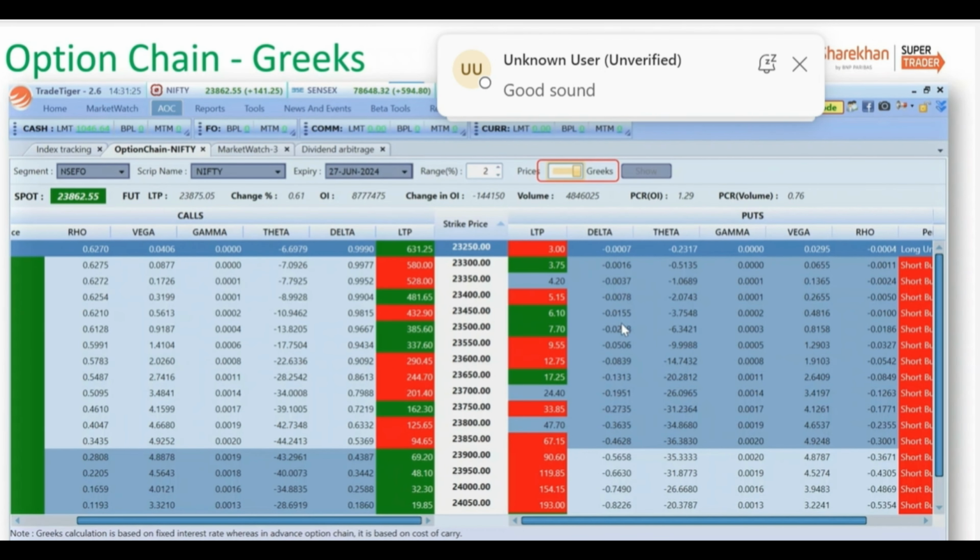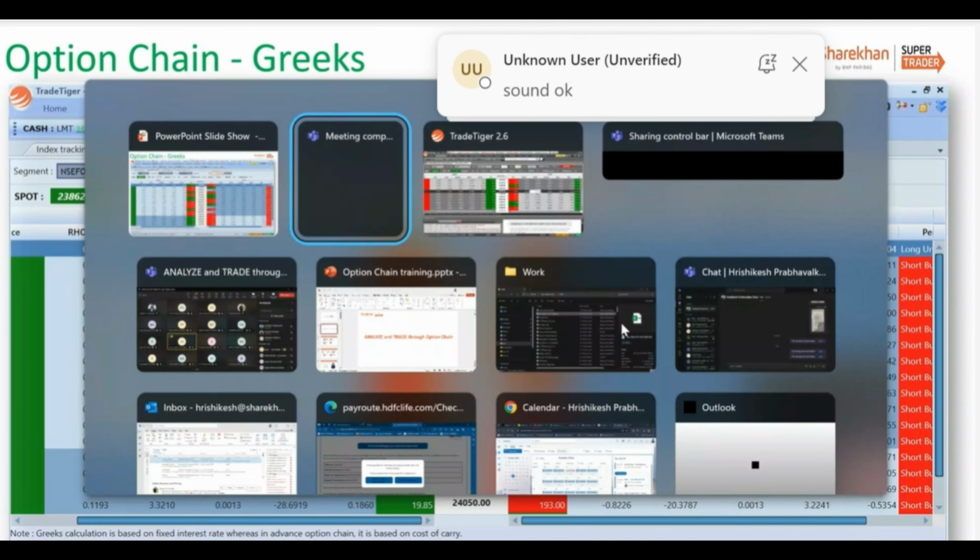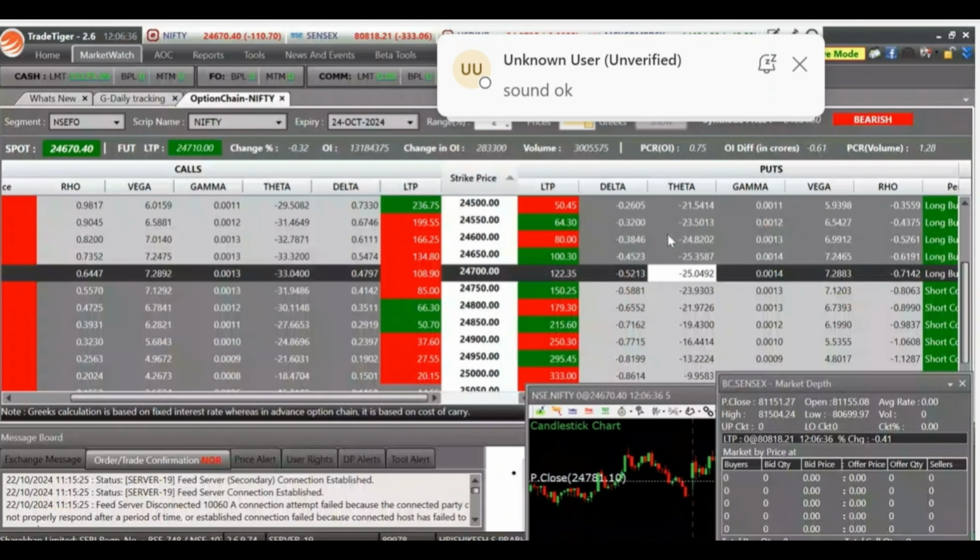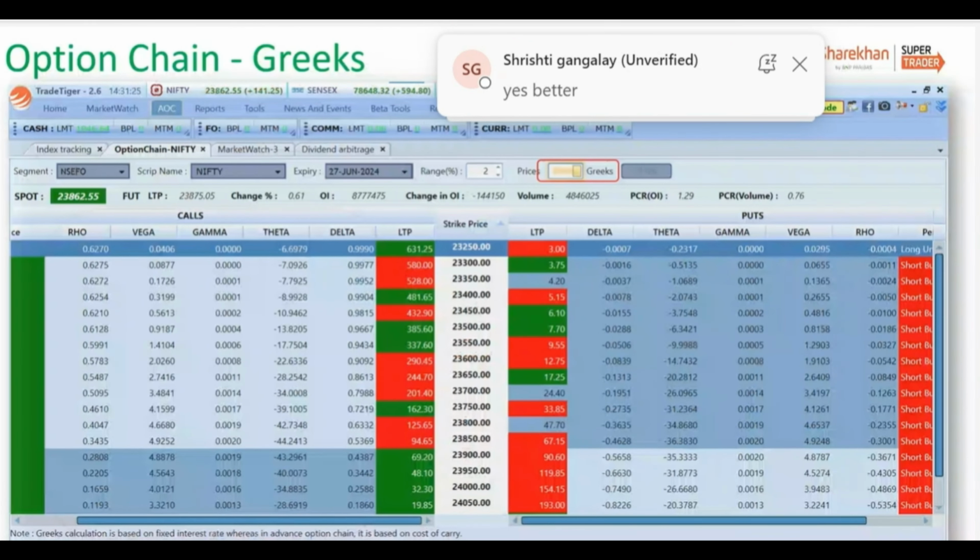So we will focus on a Greek called delta, because this will allow us to take our trades better in a much simpler manner. If I have made a trade and a view, how do I convert that view into an option? That is something we will try and understand.